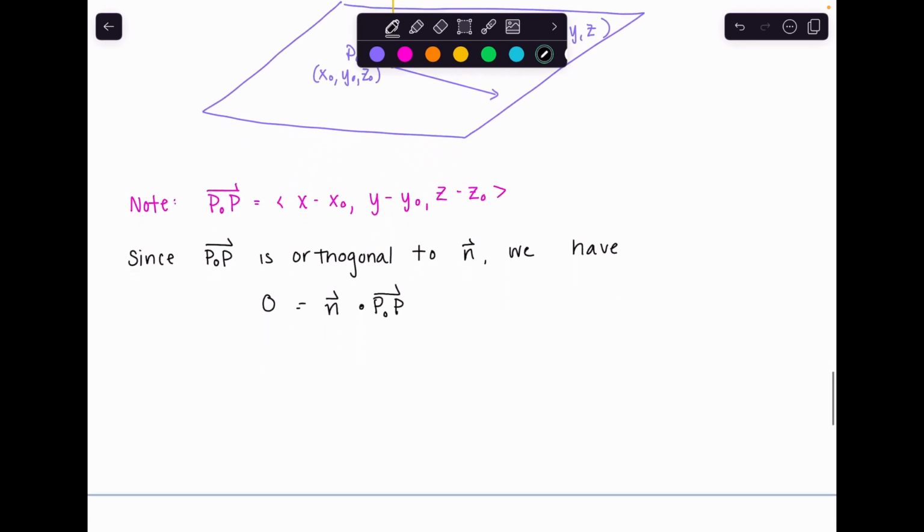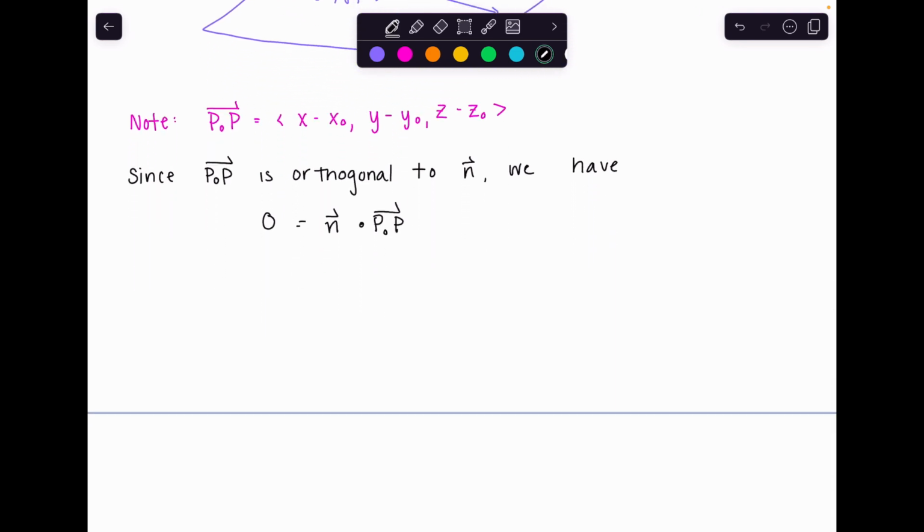But I know what the components of each of these vectors look like. So really, n has the components a, b, and c. And then P0P is x minus x naught, y minus y naught, z minus z naught. If I do the dot product, we just multiply the like components and add. So for the first one, we have a times x minus x0.